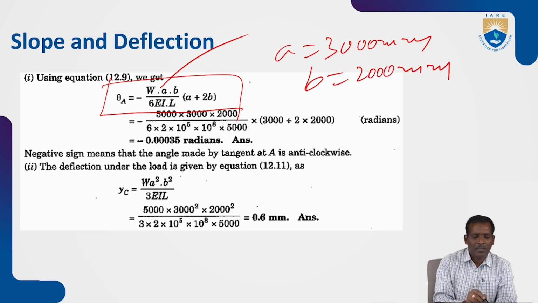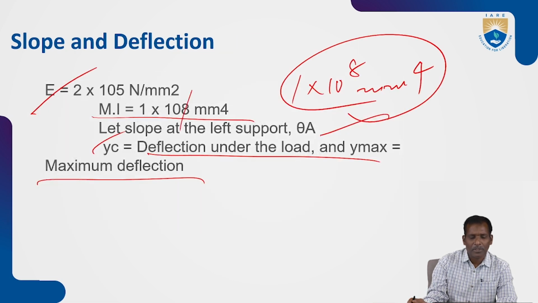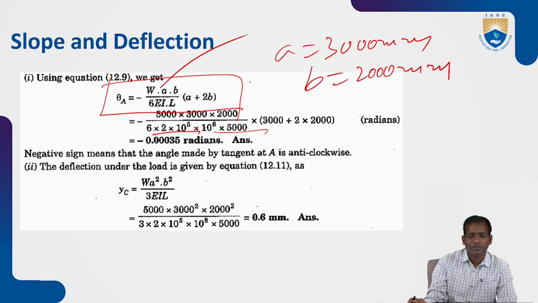So EI is 2 into 10 to the power of 5 given, and L also mentioned. L is 5 meters, so 5000 mm. So the negative sign means that the angle made by the tangent at A is anti-clockwise.